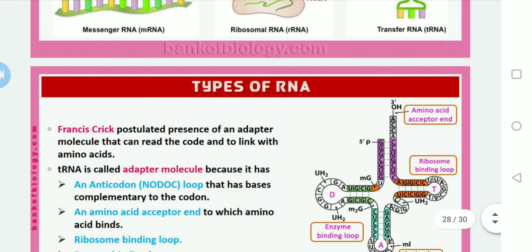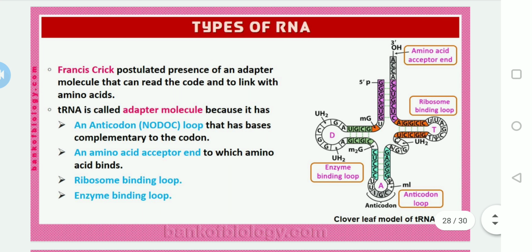Here is one of the best examples: Francis Crick postulated the presence of an adapter molecule that can read the code and link with the amino acid. You must have heard about this generally. Whenever the question arises, why is tRNA referred to as an adapter molecule?